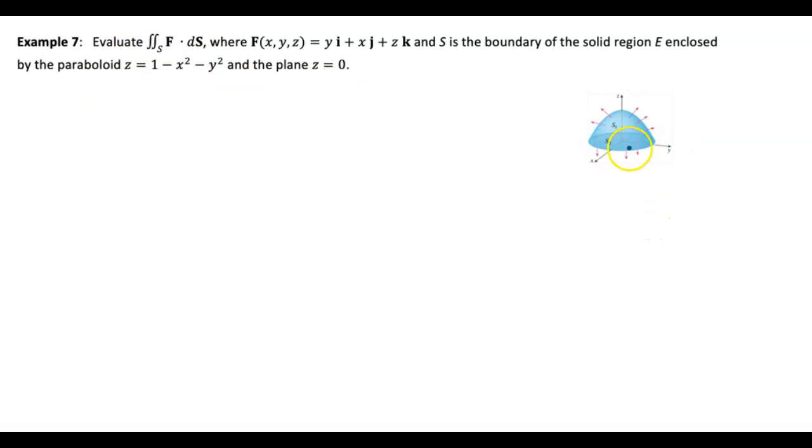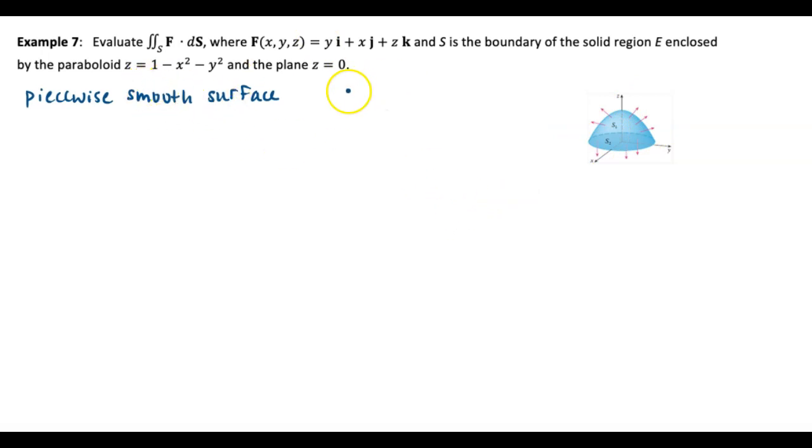We're going to have to break this up into two different surfaces, because this is called a piecewise smooth surface, meaning the different parts of this surface are smooth. And so S1 is going to be this paraboloid.